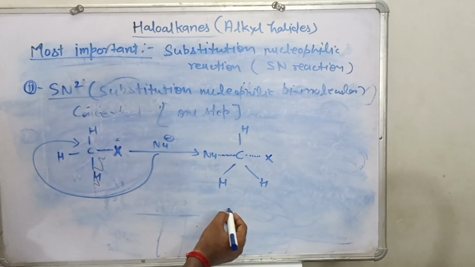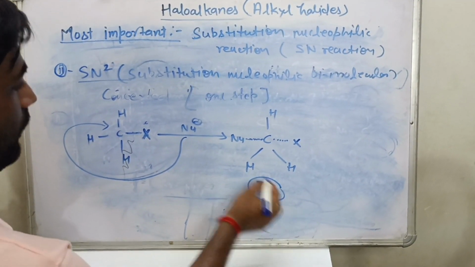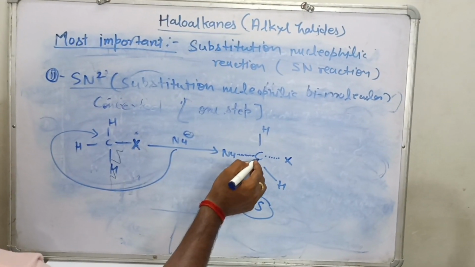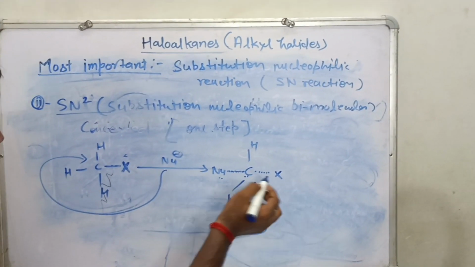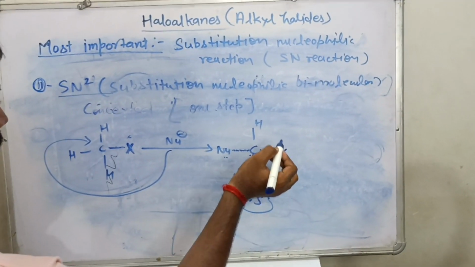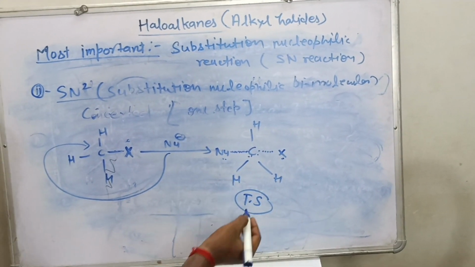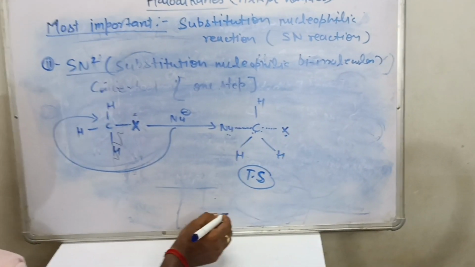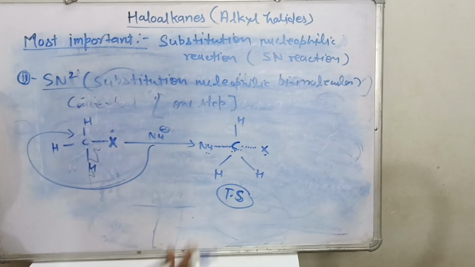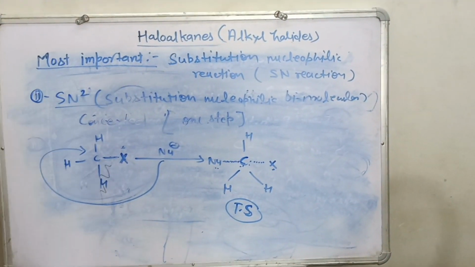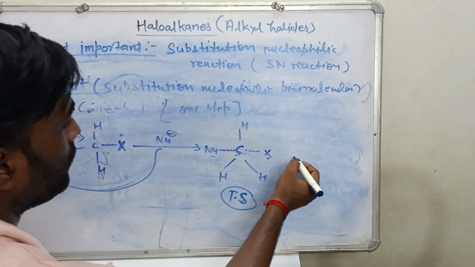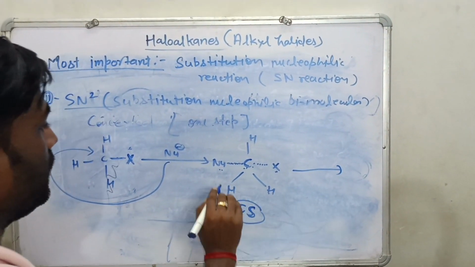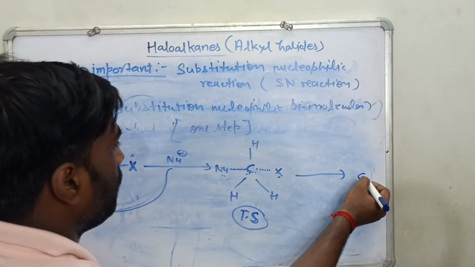Simultaneous bond formation between carbon and nucleophile and bond breaking between carbon and halogen takes place. This is well known as the transition state, in which carbon is penta-coordinated or pentavalent.